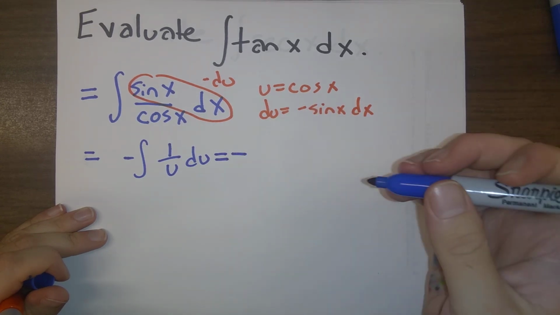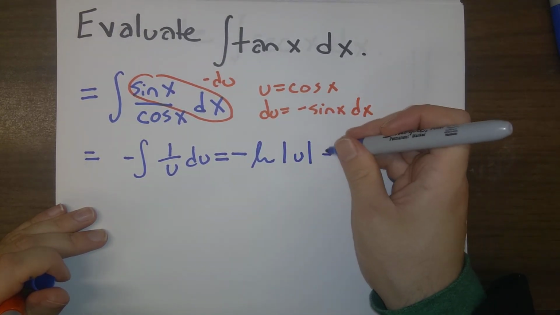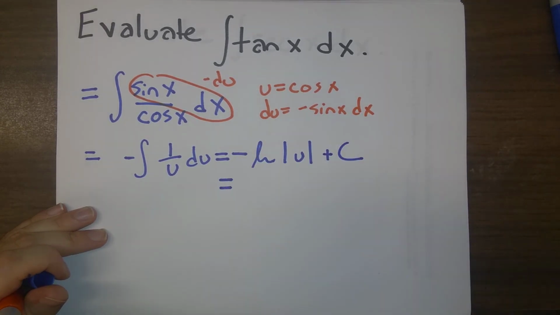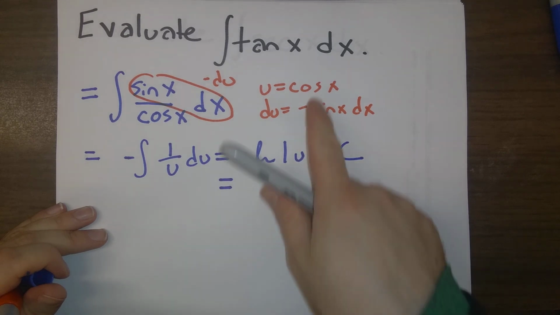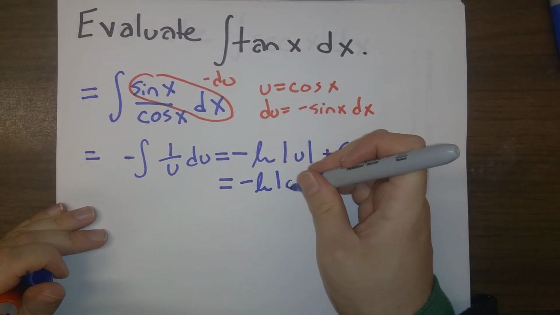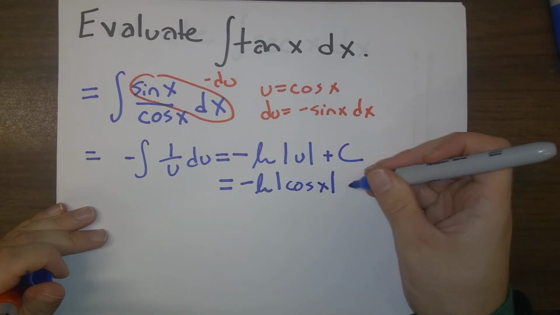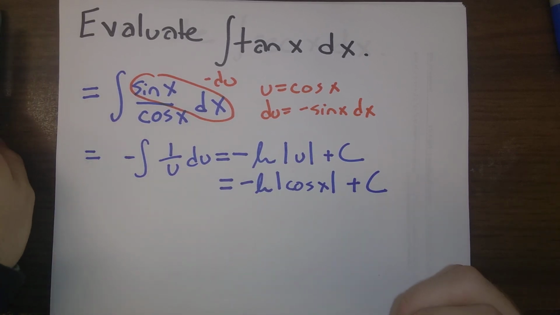So the integral of this is the natural log of the absolute value of u. And we want to replace u with cosine x, so that everything is in terms of x at the end of the problem. So here's the integral of tangent x. As I said, this is something that we've done before.